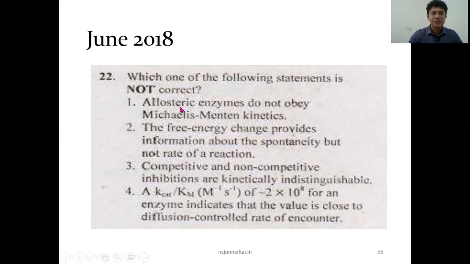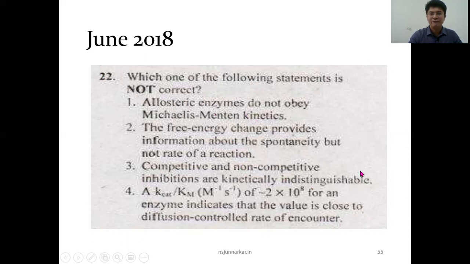The next question is to identify the statement which is not correct. Allosteric enzymes do not obey Michaelis-Menten kinetics. It is true. The free energy change provides information about spontaneity but not rate of reaction. It is correct. Competitive and non-competitive inhibitions are kinetically indistinguishable.